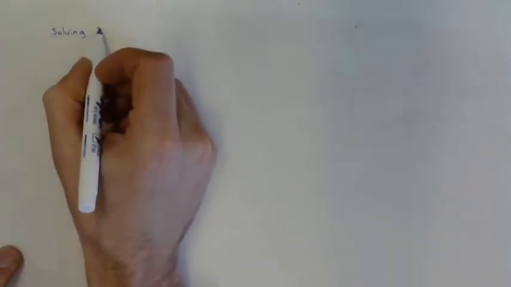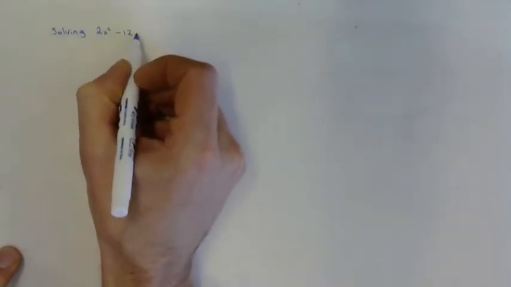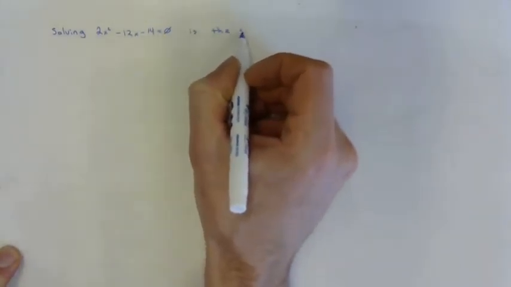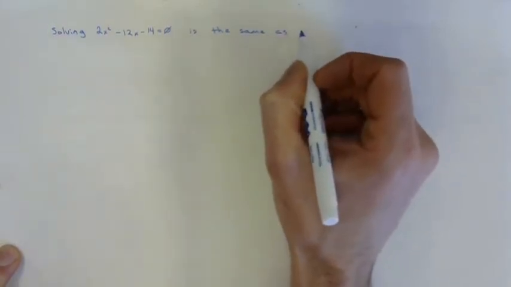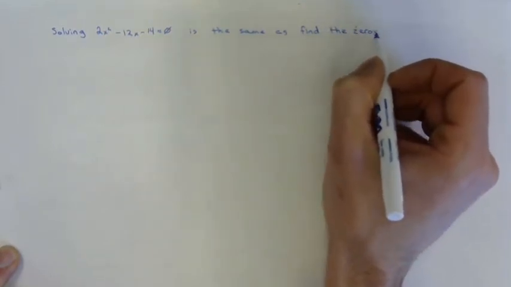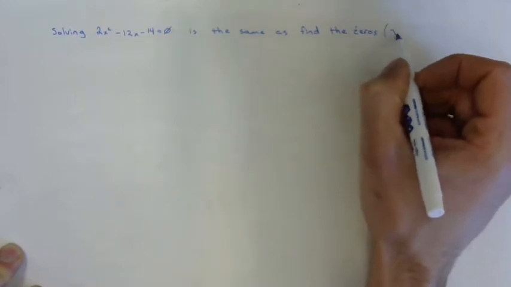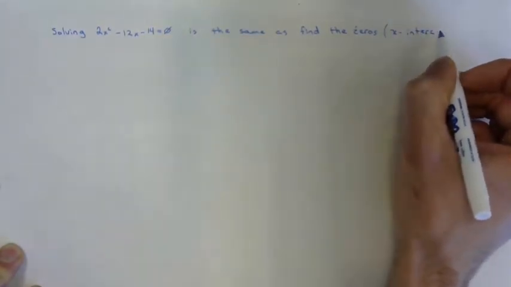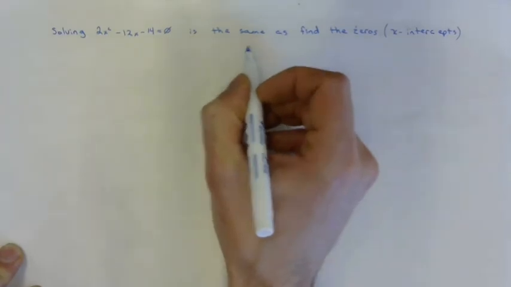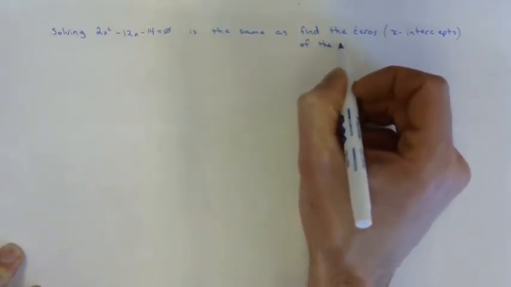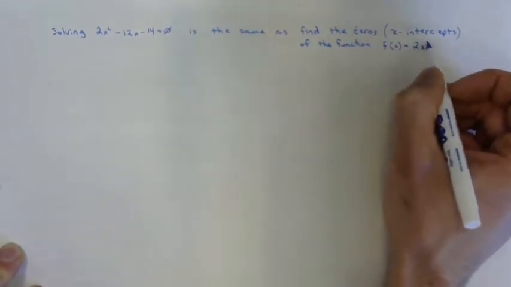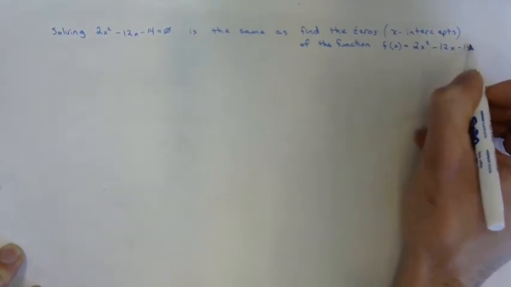Solving 2x squared minus 12x minus 14 equals 0 is virtually the same as finding the zeros, and zeros are the x-intercepts of the function f of x equals 2x squared minus 12x minus 14.